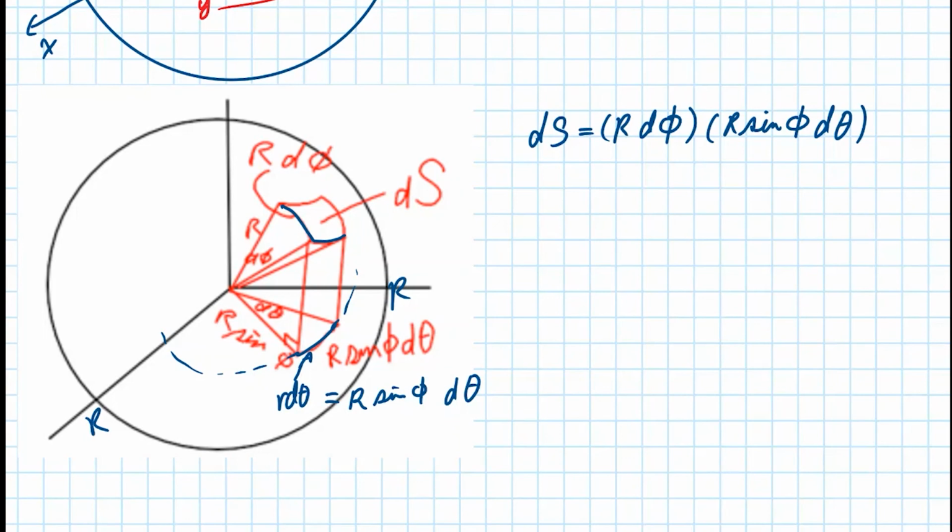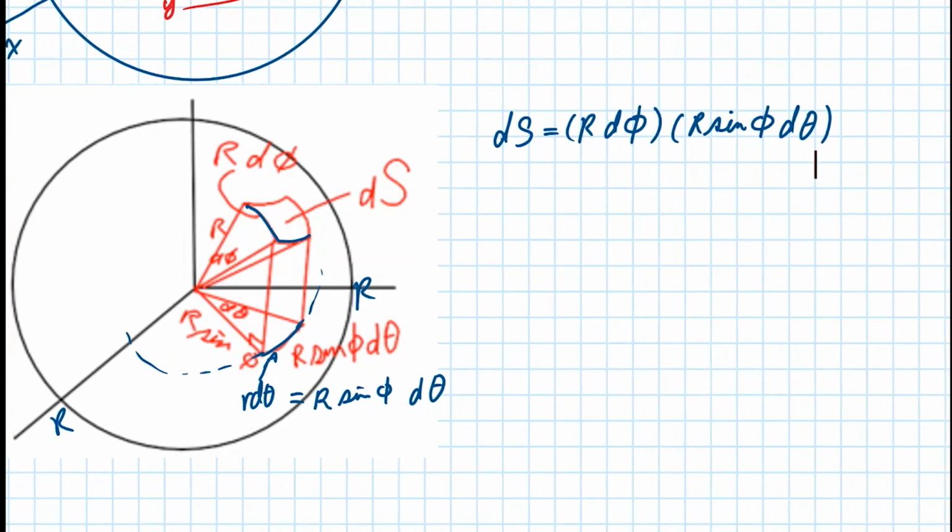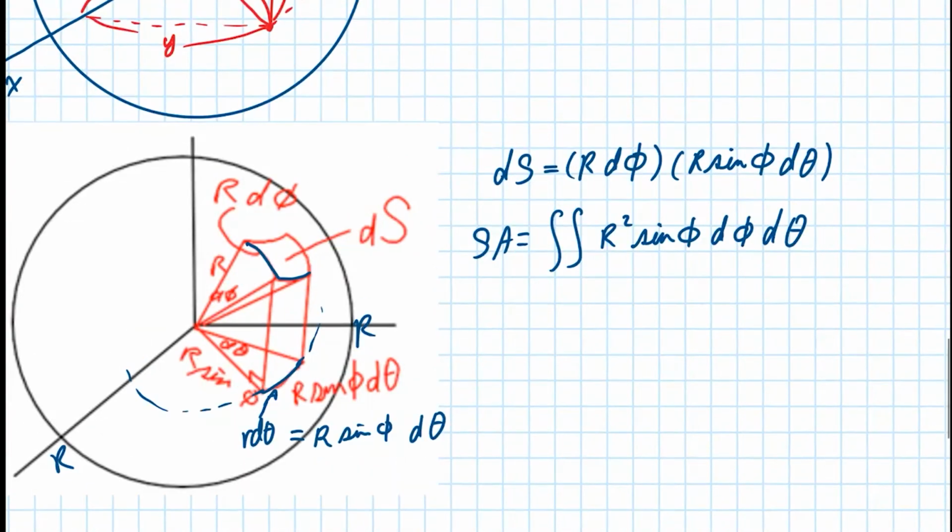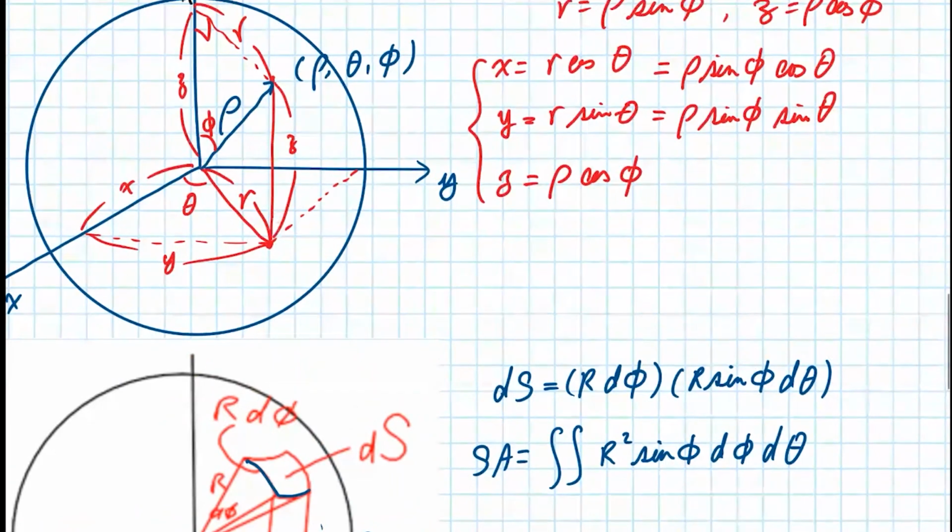Having said that, why would that be so beneficial? Watch this. Your surface area. Okay, you don't have to worry about this. This is like chapter 16-ish, but I just want to give you a little preview of where this class is going. Of that, the S, which will be R squared sine phi d phi d theta, and phi will vary from this vertical z-axis when phi is equal to 0, and this thing comes down all the way to the other side.